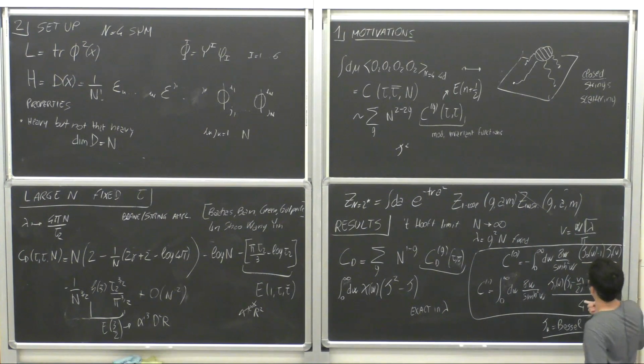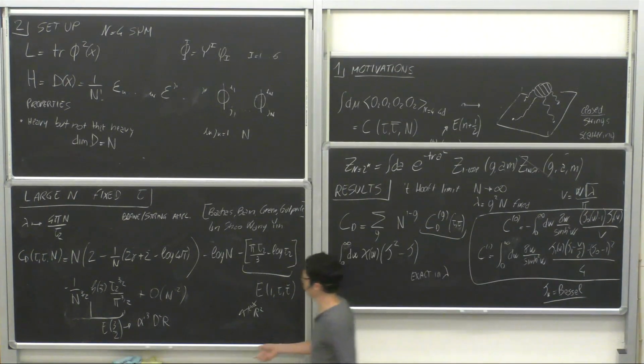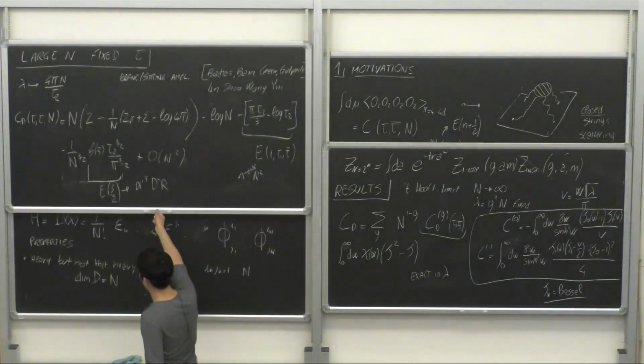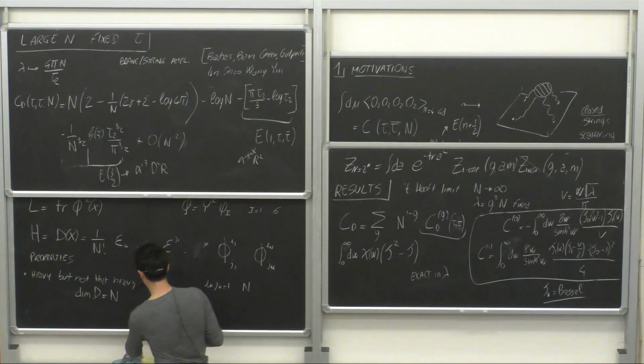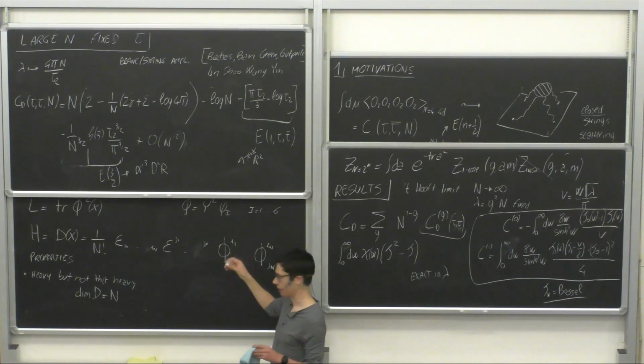Yeah, somehow the picture, I forgot to draw it properly. But the picture is that, as I said at the beginning, the D-brane setup is not fully clear from these determinant perspectives.